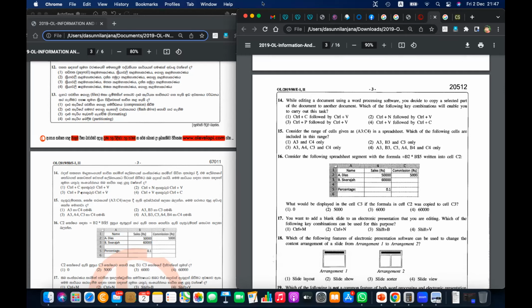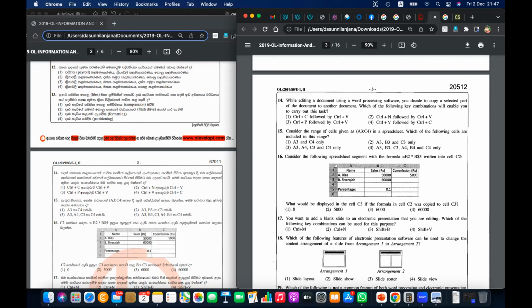Then consider the range of cells given in A3 to C4 in a spreadsheet. A3 to C4.